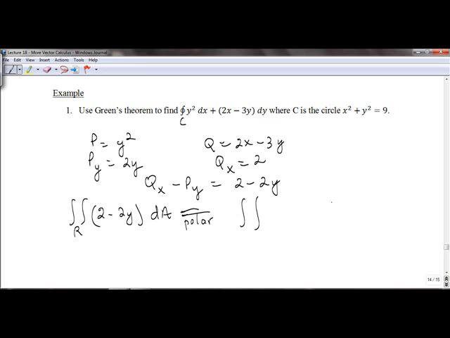Okay? So what is our integrand going to be? 2 minus 2, our y is r sine theta. We multiply by r dr d theta. What are our limits for r? 0 to 3. For theta, 0 to 2 pi.